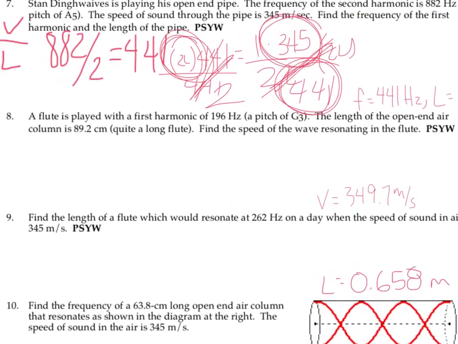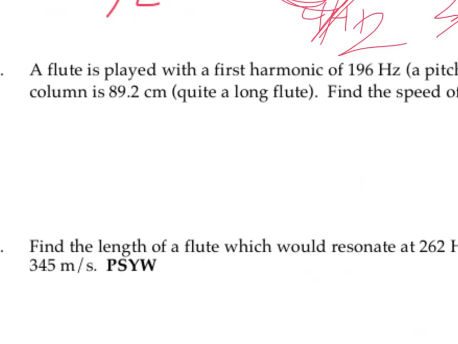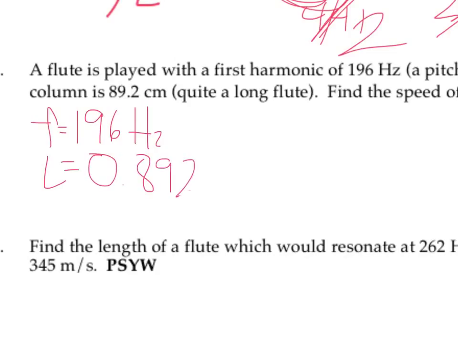On the next problem, we're told the first harmonic is 196 Hertz, so we're given initially a frequency, and told the length of the column is 89.2 centimeters. It would be a good idea to just make a note of those variables. Frequency, 196 Hertz. The length of the air column is 89.2 centimeters, but we're not going to leave it like that. We're going to convert that into meters, 0.892 meters.